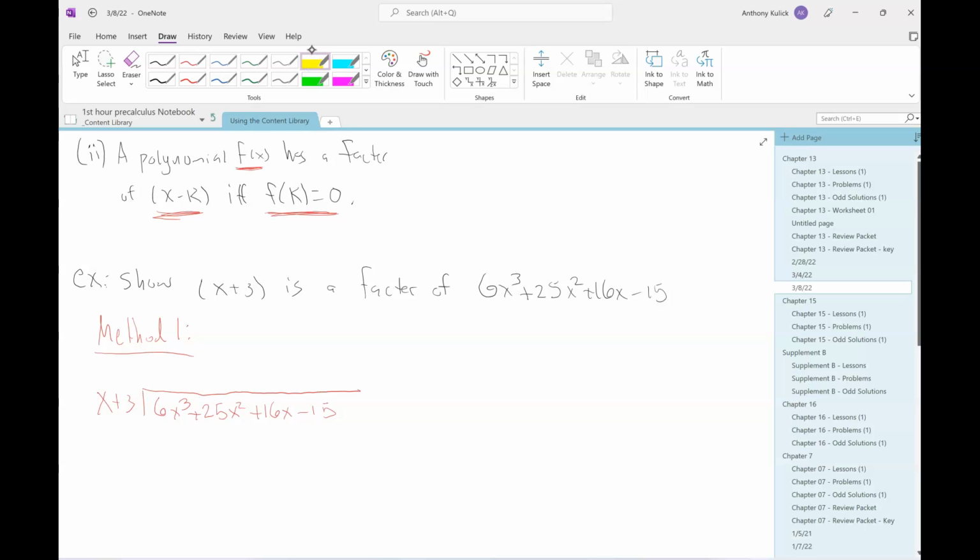So let's go ahead and do that polynomial division. I'm going to ask what times the leading coefficient of my divisor gives me the leading coefficient of my dividend. 6x squared. I'll then multiply that to the entire divisor.